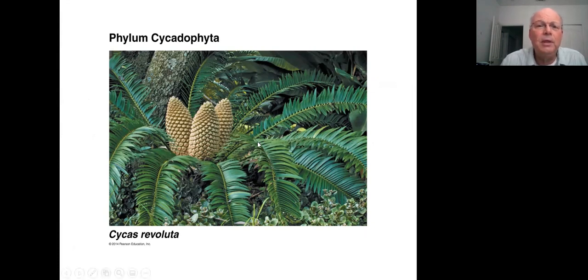You can see the strobilus, the cone-like structure here, built out of sporophylls, in this case megasporophylls, because this is a female cone. If it reminds you a little bit of a conifer cone, that's good, because it is the same basic type of structure. Remember, these are both gymnosperms.